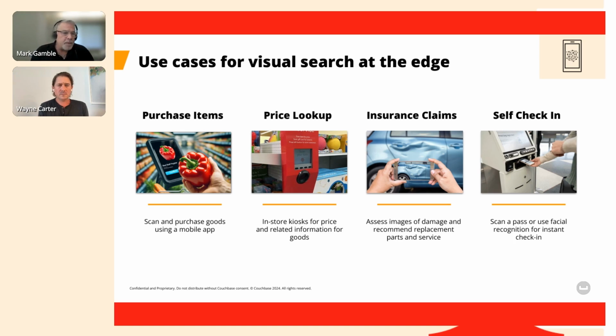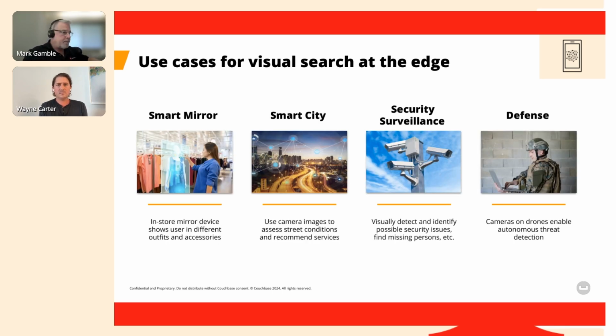But it can also apply to things like insurance claims, out in the middle of nowhere in a disaster zone, for example, where photos of damage can be used to assess costs and find replacement parts and recommend service providers. And visual search can also speed up things like the check-in process at airports and hotels, using passes or facial recognition. And that saves time, makes customers and passengers much more happy.